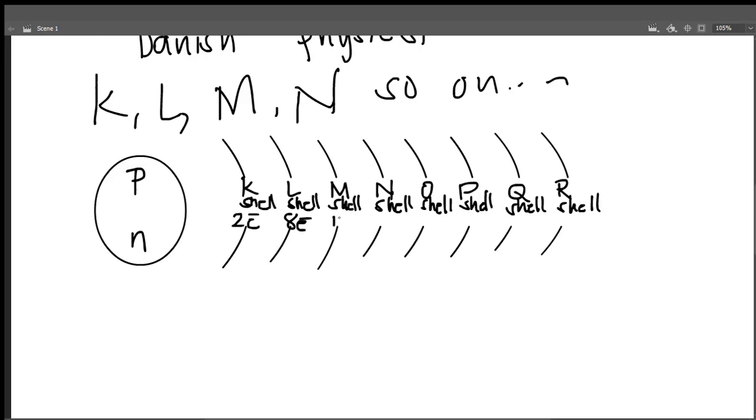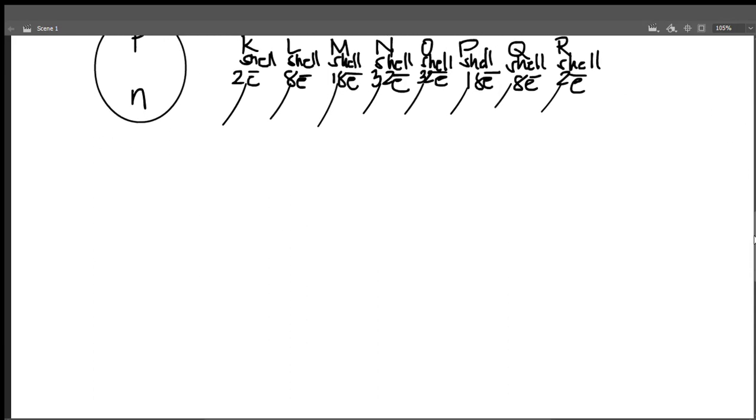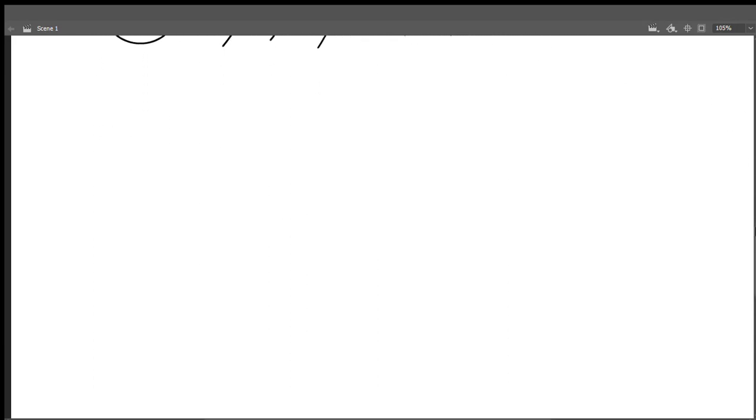And for M, we have 18 electrons, then 32 electrons, and the same number with the N shell, 32. Then descending to 18, 8 electrons, and lastly 2 electrons. Okay, so let us move now to the next.